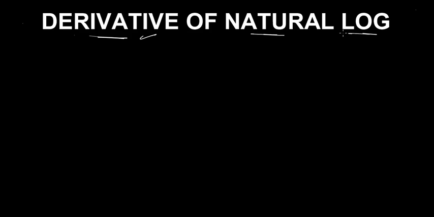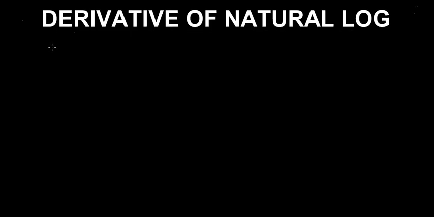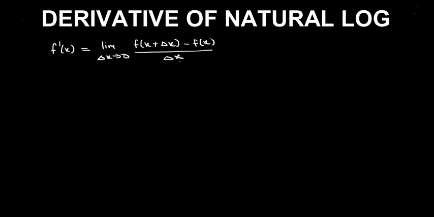So let's get started. Now we know that f dash x is given by the limit as delta x approaches 0 of f of x plus delta x minus f of x, divided by delta x. Our function is log x, so we will put log x in place of the function.